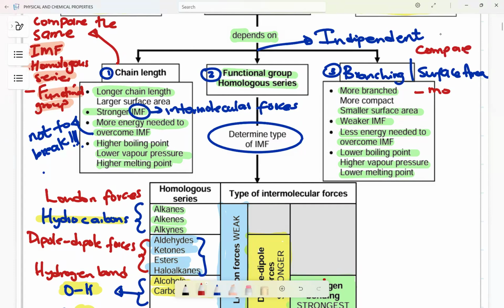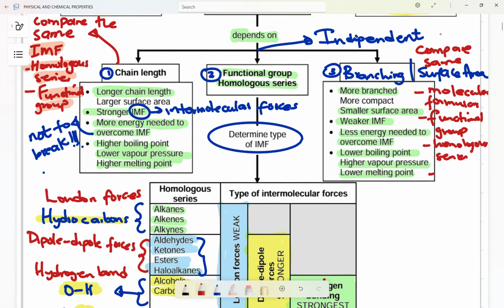The molecular formula should be the same. It should also be of the same functional group, the same homologous series. And most importantly, on branching, they like to compare isomers.